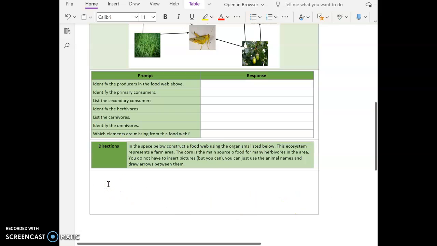So the last part here, this is why I'm giving you a little bit of extra time on Monday. You're going to be making an ecosystem with farm animals.